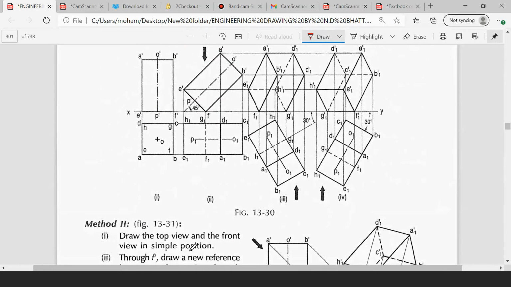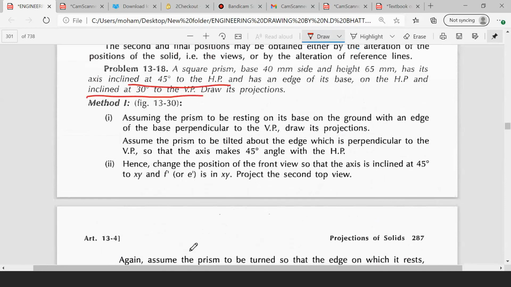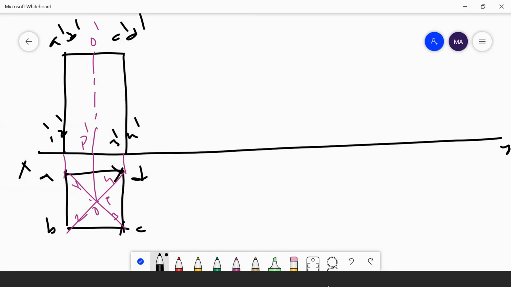I am taking the axis here and making an inclination of 45 degrees. After that, how will you draw this one here? If the solid is inclined, it is resting on the base. Understand, it is inclined at 45 degrees.